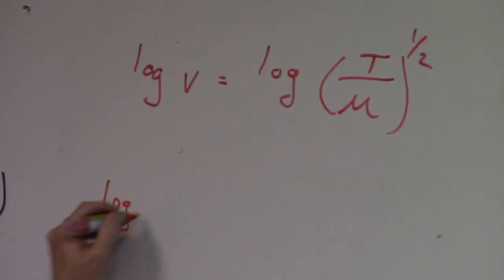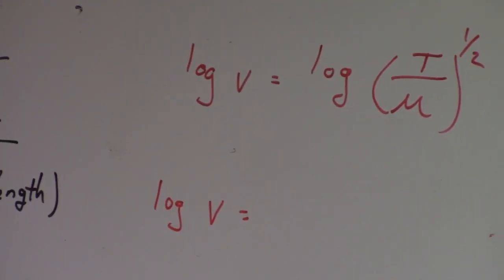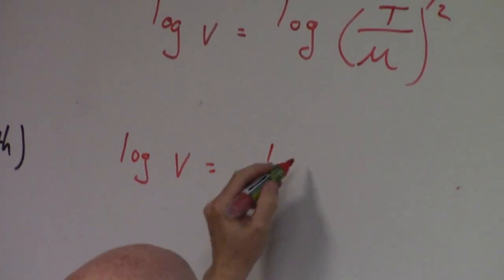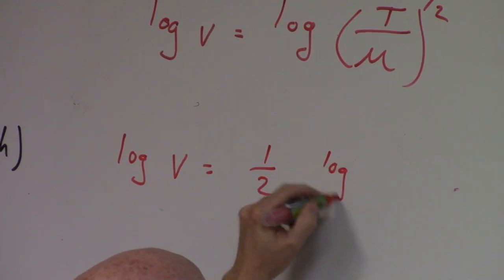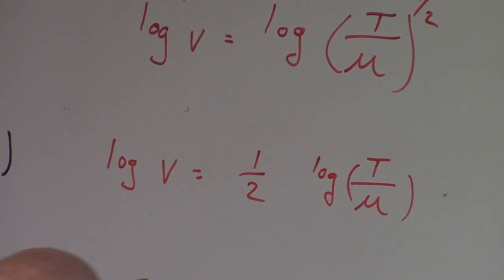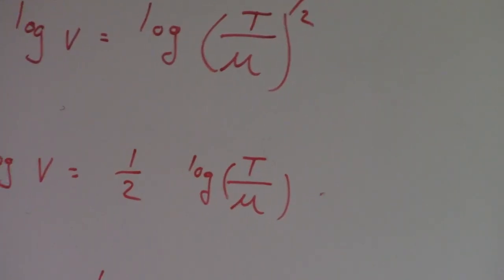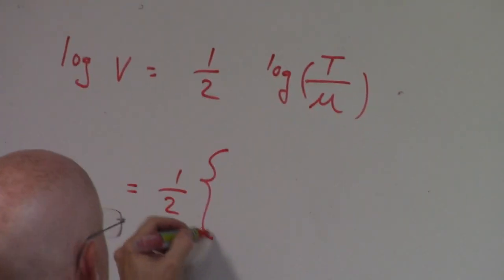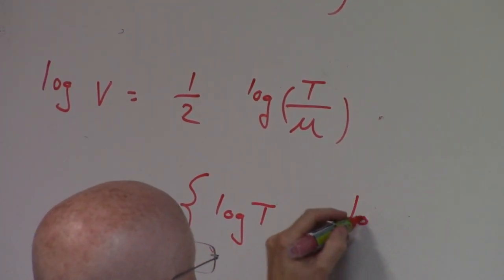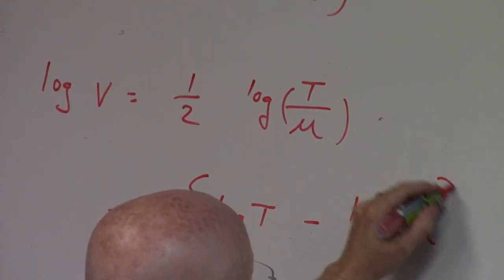So this would be the log of the velocity. If I do the log rule, this comes out to be 1/2 the log of the tension over the mass density. Then this would be the log of the tension minus the log of the mass density.